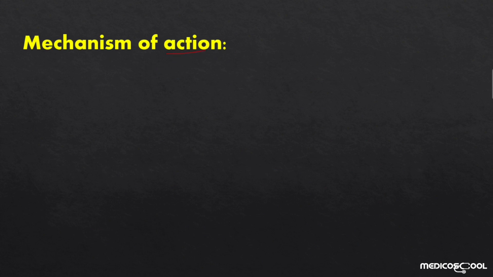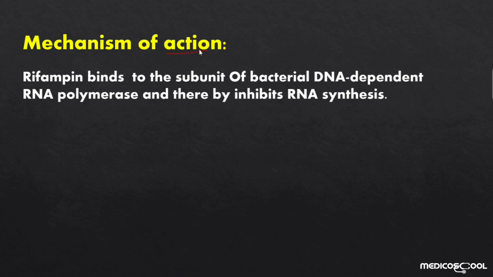Coming to its mechanism of action, that is, how it kills the bacteria. It mainly binds to the beta subunit of the bacterial DNA dependent RNA polymerase, and this RNA polymerase forms RNAs like mRNA, rRNA, and tRNA, and thus it inhibits the synthesis of such RNAs.